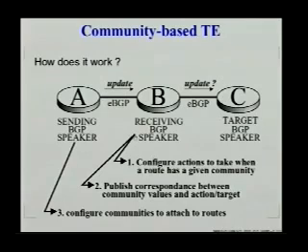Second, I'll have to publish the correspondence between these community values and the actions that will be applied. And third, my peers will be able to attach such communities to routes in order to have given actions applied on their routes.